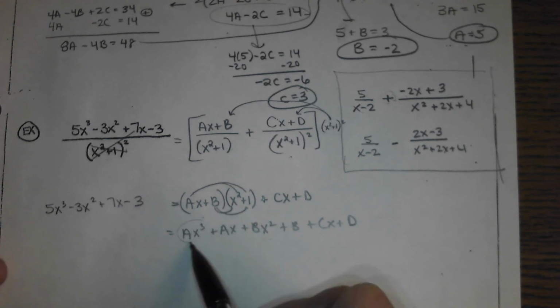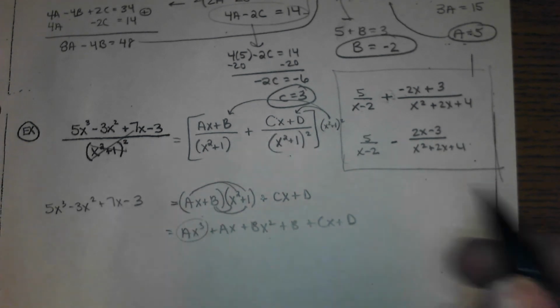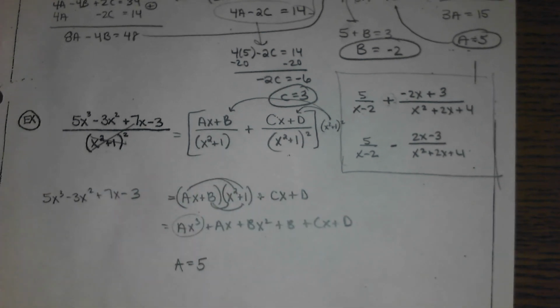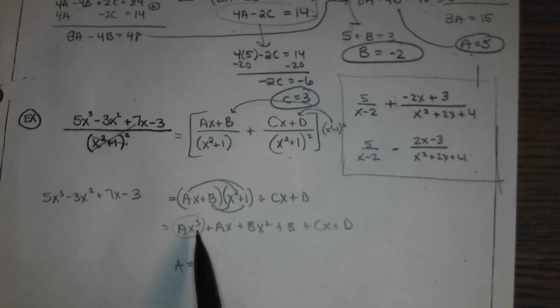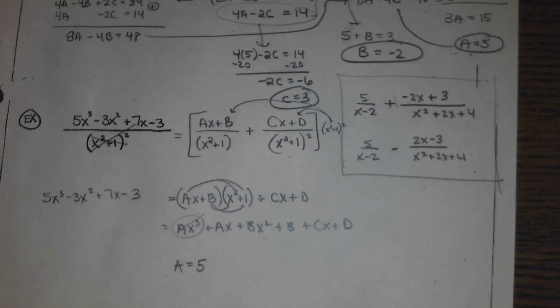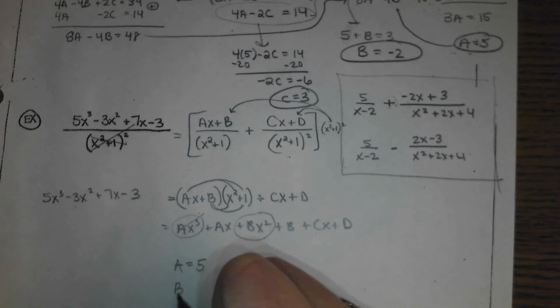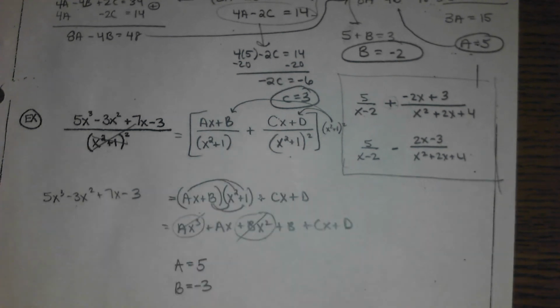So, I only have one x cubed on my right, so that's pretty nice. A equals 5. How many x squareds do I want? Negative 3. And I only have one x squared term on the right, so that's nice. B equals negative 3.